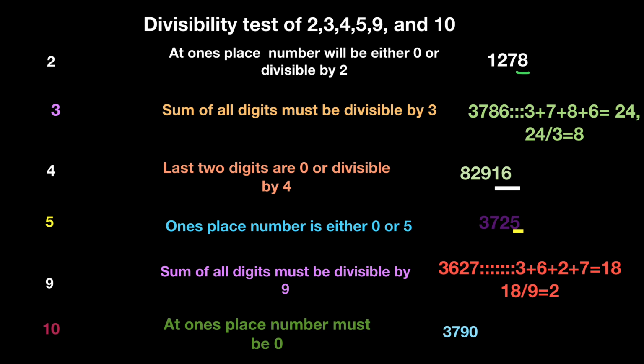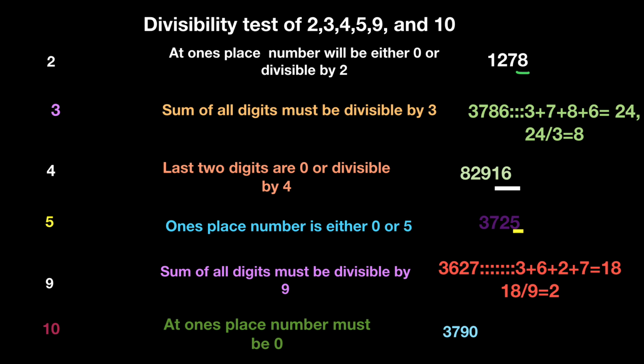Let's check the divisibility of numbers 2, 3, 4, 5, 9 and 10. In case of 2, the digit at the ones place must be 0 or divisible by 2. That is the criterion. For example, in the number 1278, the ones place is 8. This 8 is divisible by 2, so the whole number is also divisible by 2.